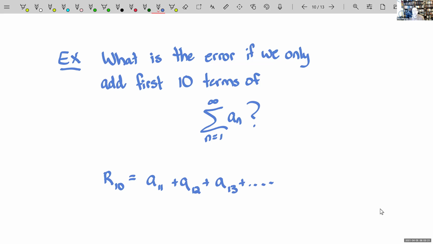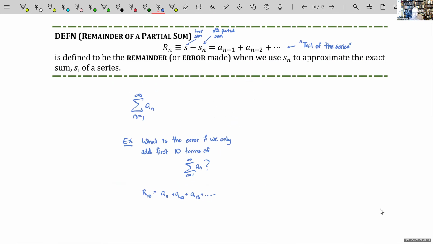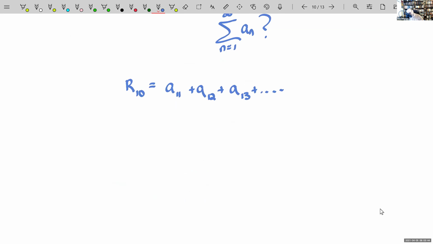Now, obviously, if you want to find out what the error is, that's an infinite sum. I don't want to add up a bunch of stuff forever and ever and ever. I could tell you if that summation converges, but I cannot tell you what it converges to. All right. So that's where we get into how can we approximate the error. So let me point an arrow at this and say, this is still an infinite sum.